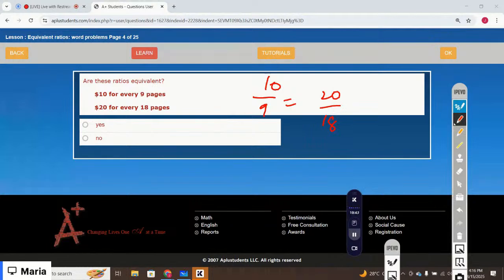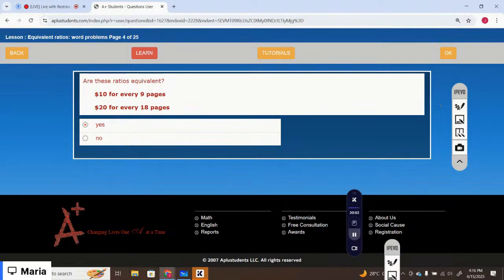Are these ratios equivalent? Option number one is the correct option. Yes, they are equivalent.